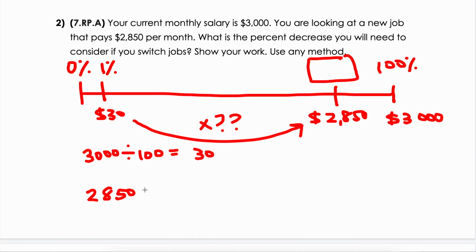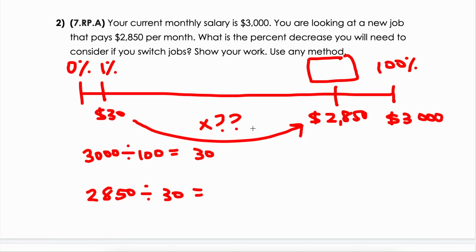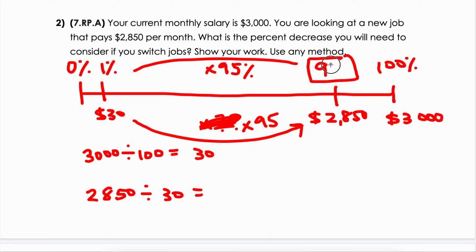You can simply divide in your calculator, 2,850 divided by 30 would be 95. So you would have to multiply by 95 to get to 2,850. 1% would also have to multiply by 95. So then that means this is 95%. So the decrease would have been 5%.